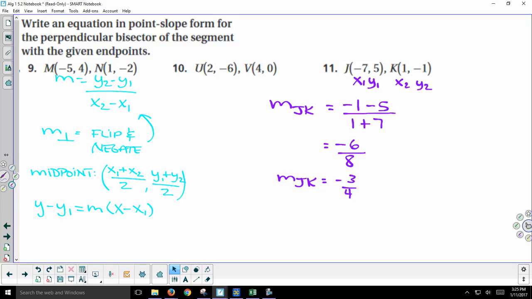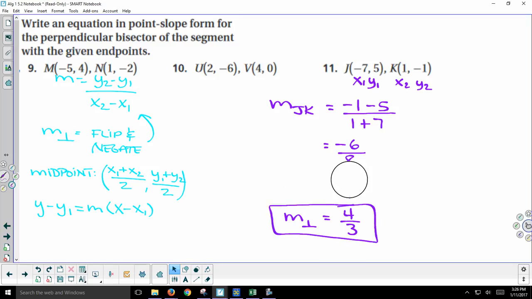Once again, I'm not interested in the slope of JK. I need the slope perpendicular to JK. So I am going to flip that fraction and make it 4 over 3, and I'm going to change the sign. Since the slope of JK is negative, the slope of the perpendicular will be positive 4 over 3.